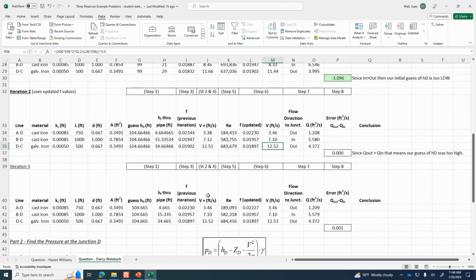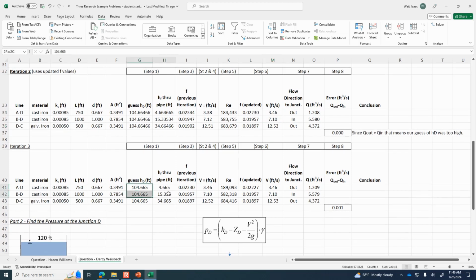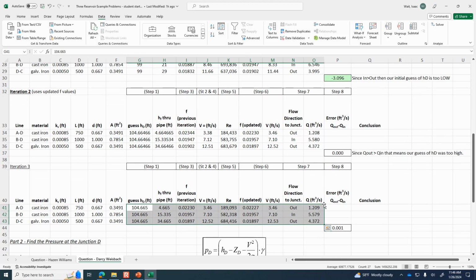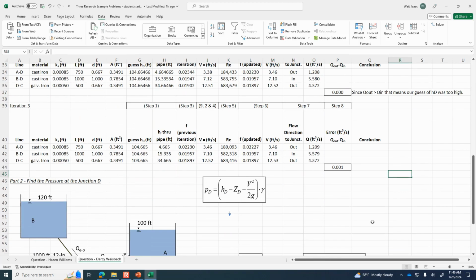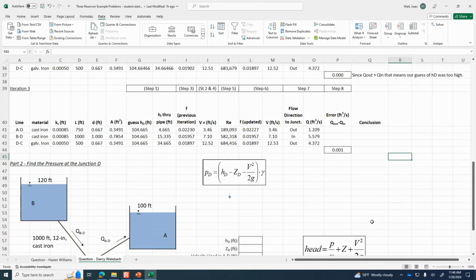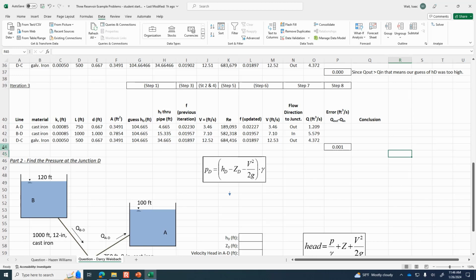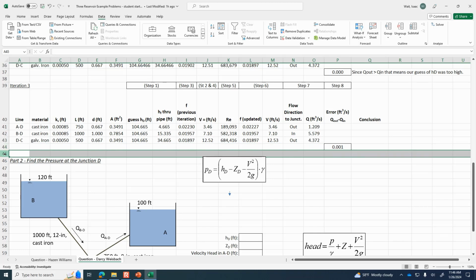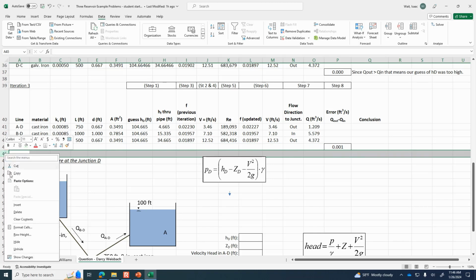So I'm just going to delete all this. Oh, this is the updated one. Okay. I had an iteration 4. I'm going to create an iteration 4. In your template, is it just the third iteration and that's the end of it? Mm-hmm. All right. Let's add some more rows here.